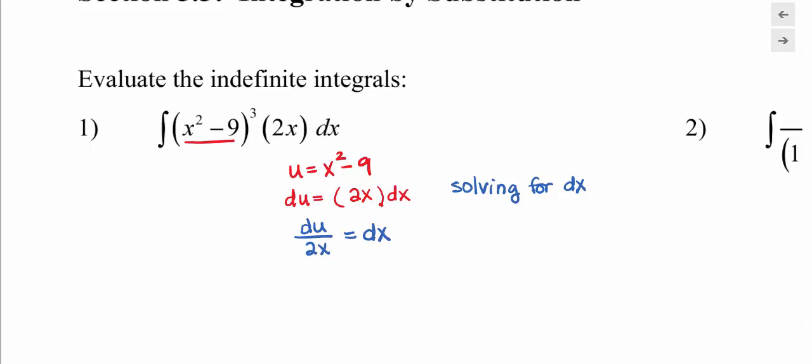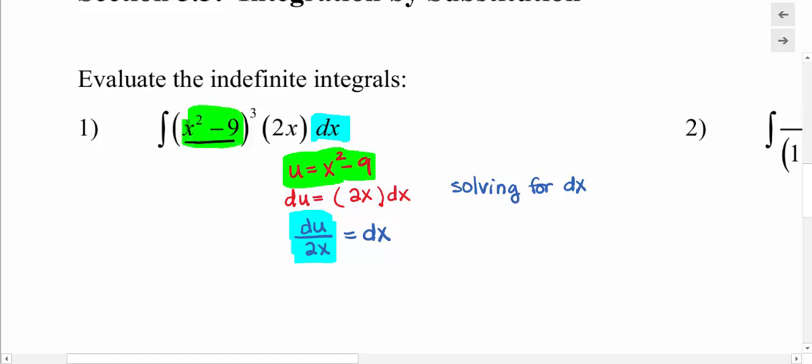And then when I look at my problem here, I'm going to do some substitution just as it calls for. Instead of dx, I'm going to put what dx is equal to. And instead of my u here, I'm going to put that u in place of x squared minus 9.